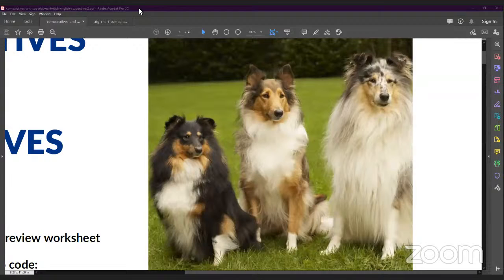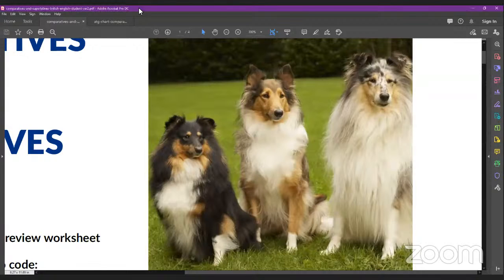Come on, guys, I want you to tell me an adjective to describe these dogs. For example, fast. Fast is an adjective, and we can use the word fast to describe these dogs. Can you tell me another adjective?